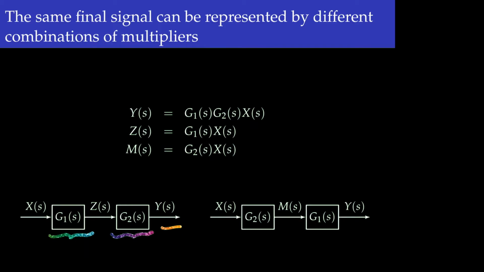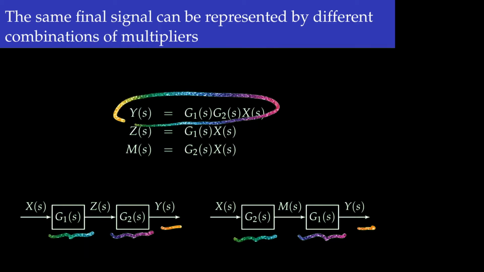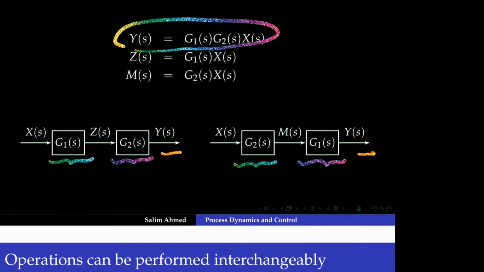Now if we have X(s) going first through the block G2(s) and the resulting signal going through the block G1(s), resulting in the final signal Y(s), these two are really equivalent. You can see that both have the end result Y(s) equals G1 G2 X(s). So the blocks can be used interchangeably, meaning that in a block diagram, the blocks can be moved in an equivalent way.